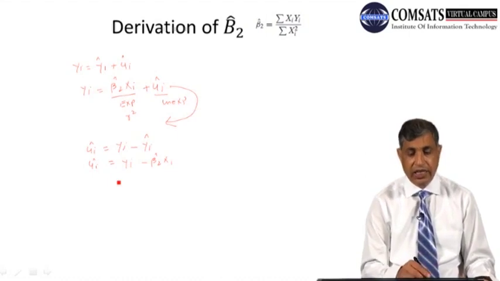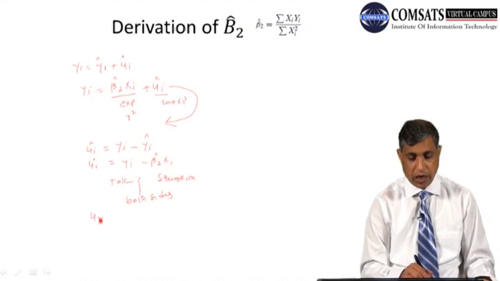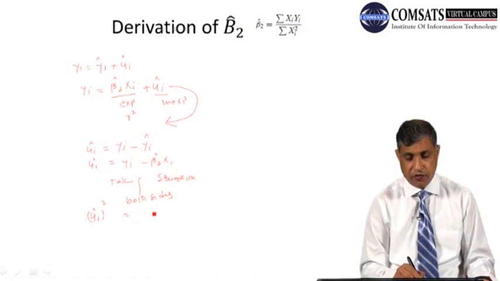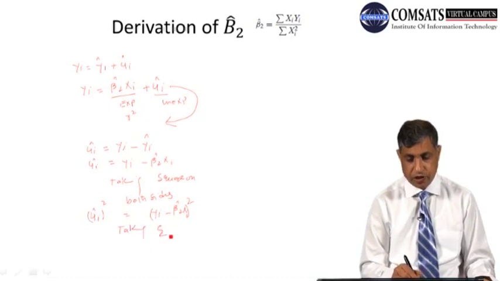First, taking square on both sides, what will it become? It will become ui hat square, and this will become yi minus beta 2 hat xi whole square. Now applying summation on both sides.